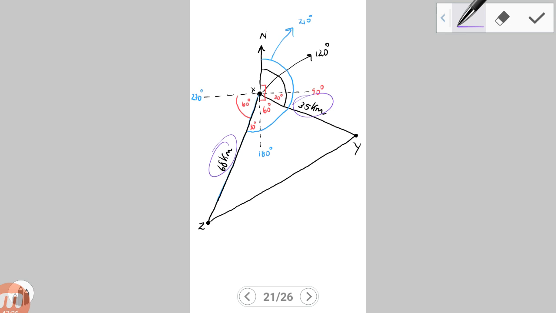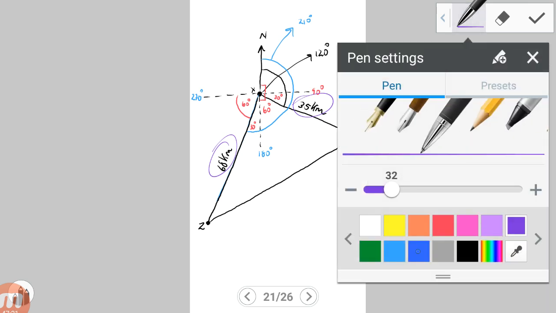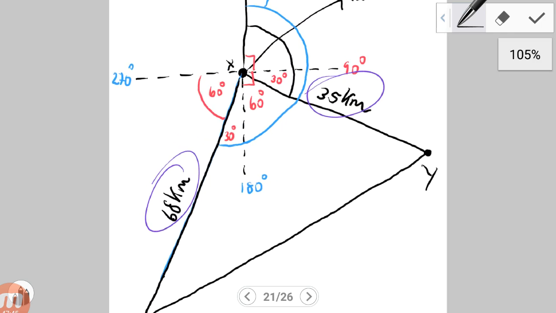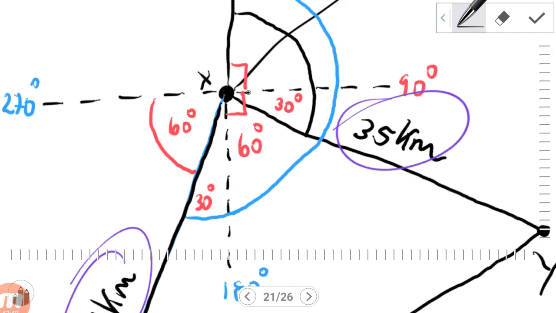Now we could perhaps use the cosine rule, but what I want to show you here, guys, is that a lot of the time we get caught up with using the cosine rule and the sine rule, that sometimes a question like this can be oblivious to us. As you can see here, this is 60 and this is 30 degrees. So the angle from this line here to this line here is 90, because 60 and 30 is 90.